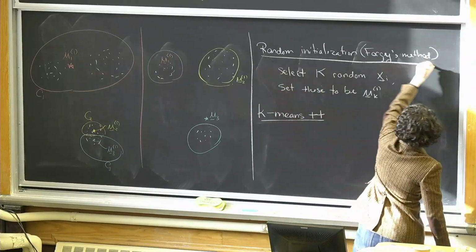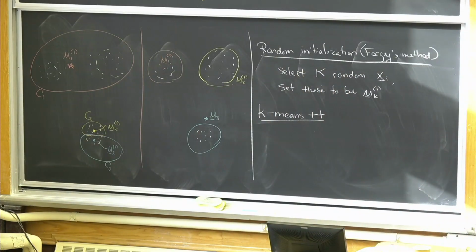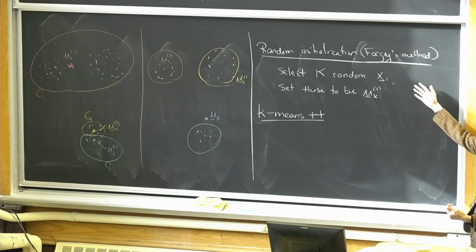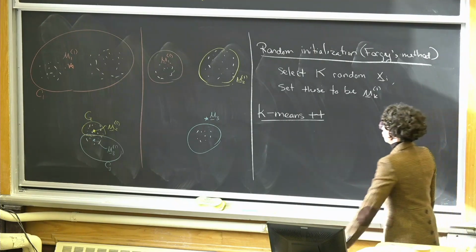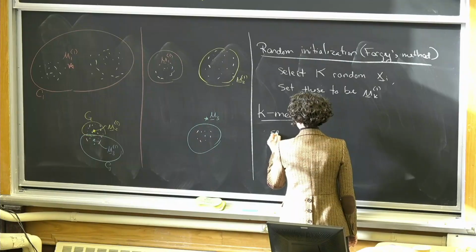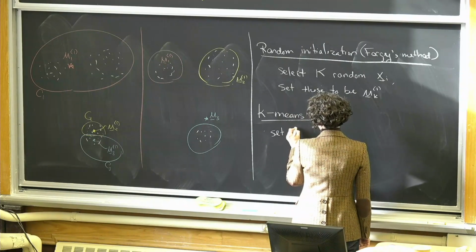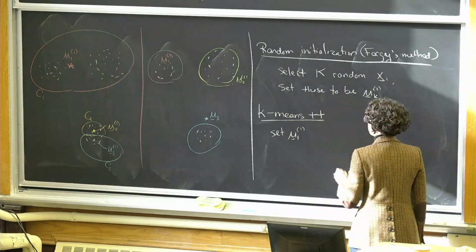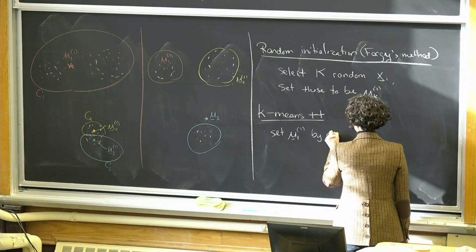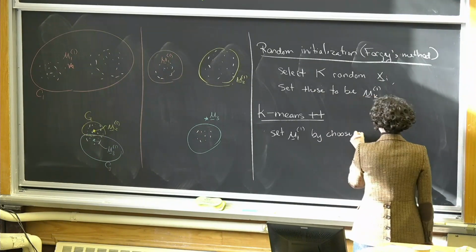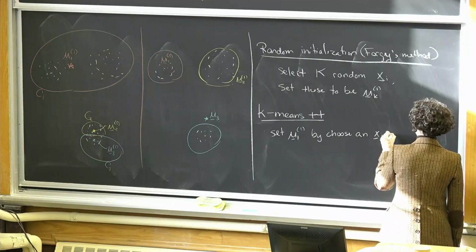So with k-means plus plus, we are also going to do something random, but it can be much stronger than this. So we are going to first select one of the cluster centers, mu1, by choosing one of the xi's at random.